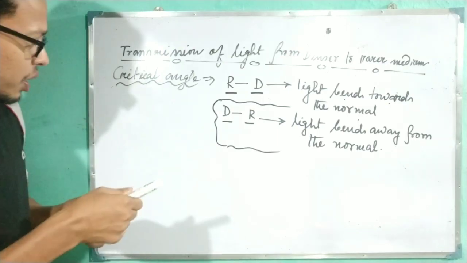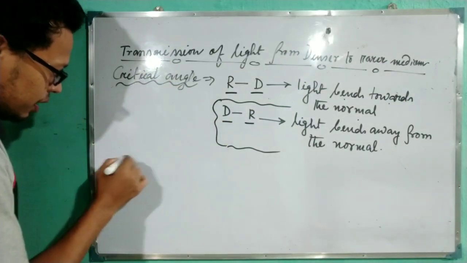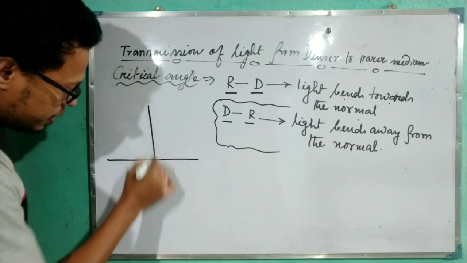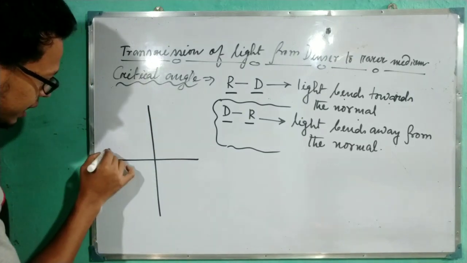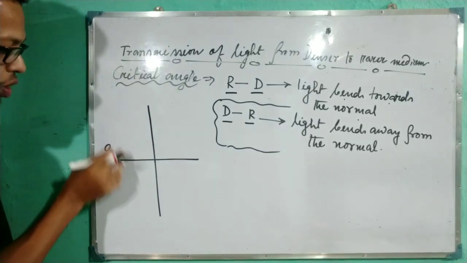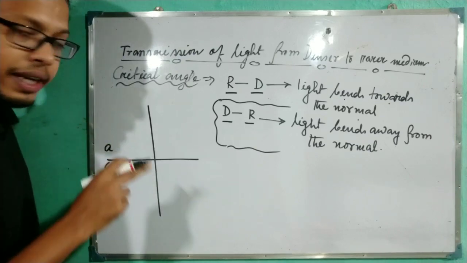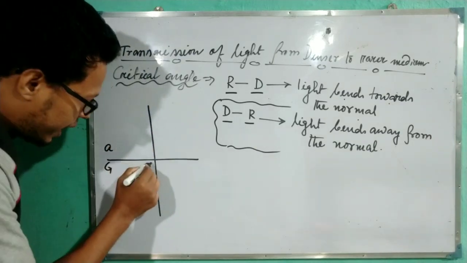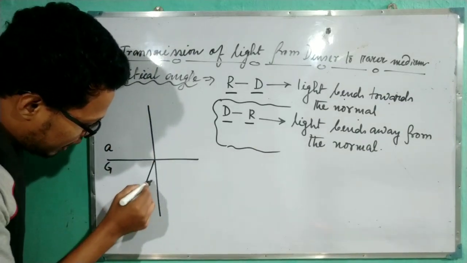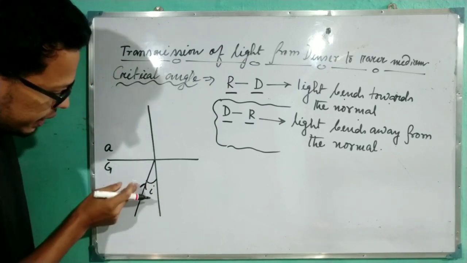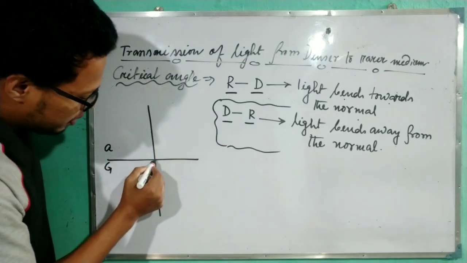Okay. So first diagram I have taken here. Think about glass, and this is air. This is the optically denser medium, and this is the optically rarer medium. So take an angle which is small and the ray is going from denser to rarer. So what will happen?